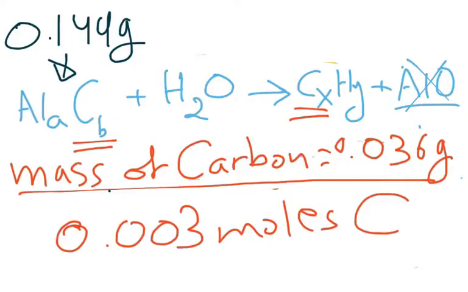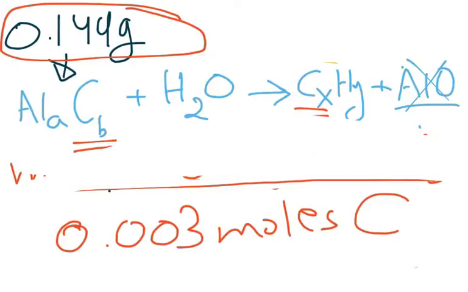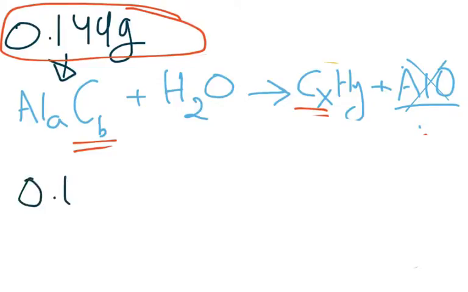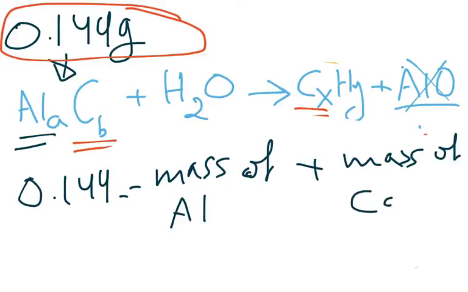What does that have to do with anything? Well, we have the mass of carbon. I'm just going to wipe that down. So, we have this: 0.144 is equal to the mass of Al, which is aluminum, plus the mass of carbon, right?